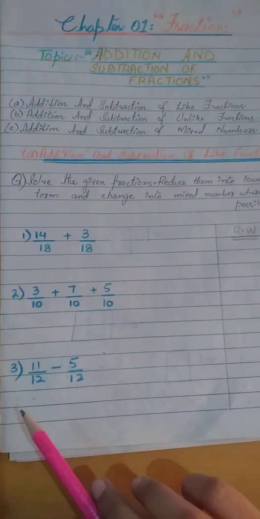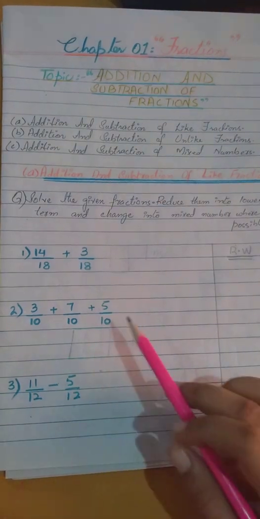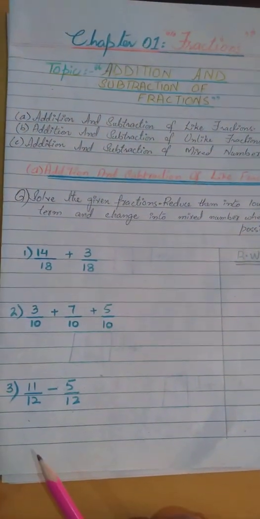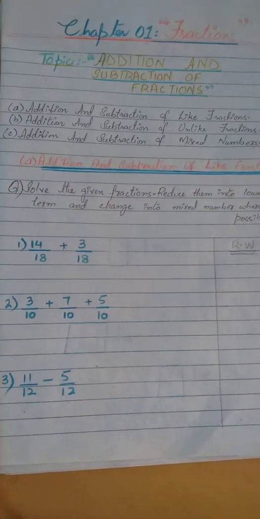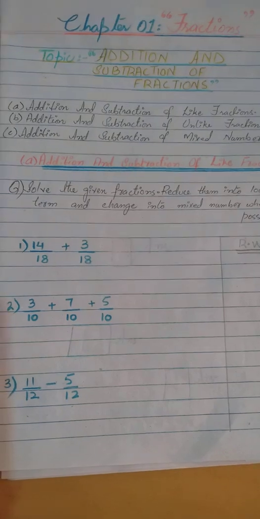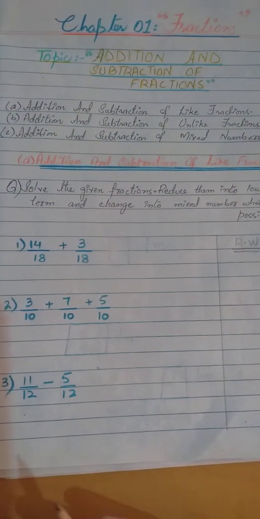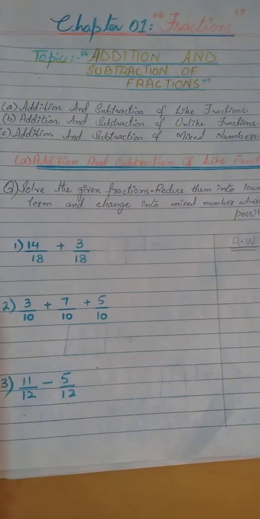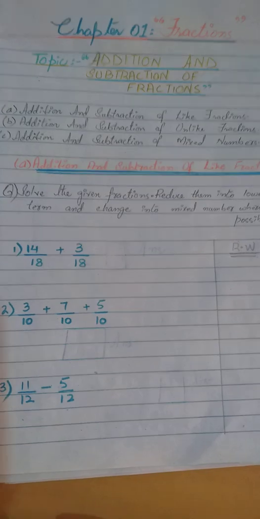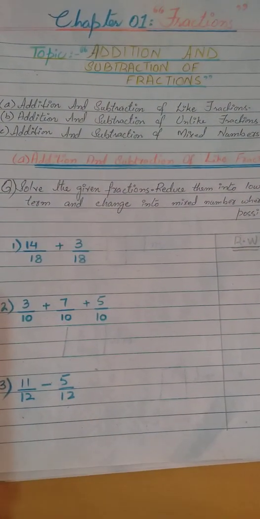Also in example 3 we have the same denominators, 12 and 12, which means these are all examples of like fractions. And in this video, as I told you, we will learn how to add and subtract like fractions. Students, addition and subtraction of like fractions is very simple. You will just add and subtract the numerators only. Yes, I'm right, only the numerators, not the denominators.